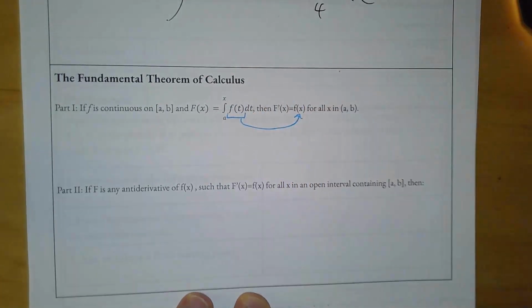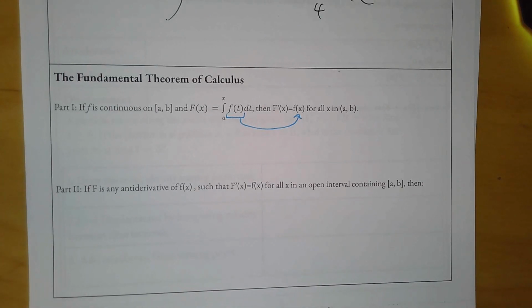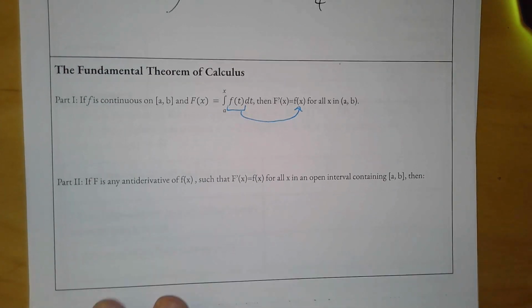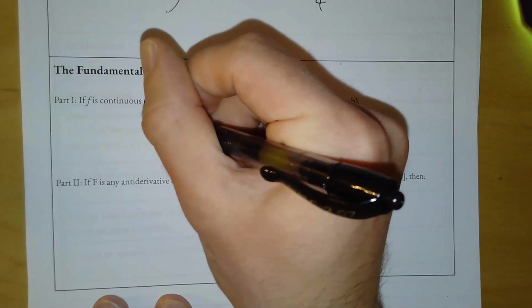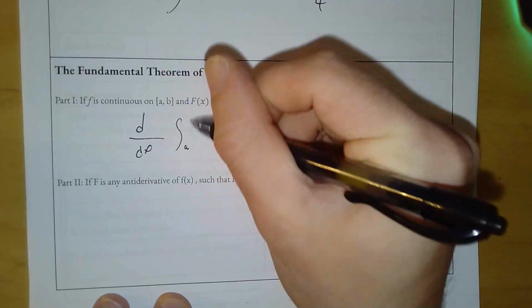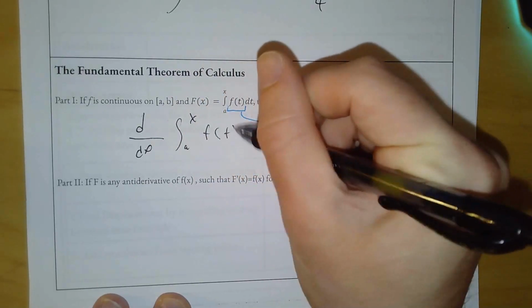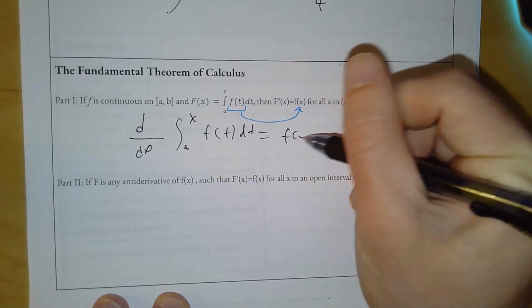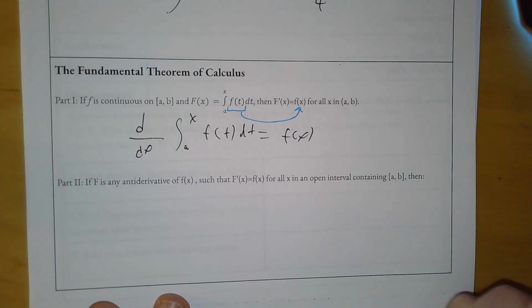That's this. Okay, for all x from a to b. Another way to write that is d dx, which means to take the derivative, of the integral from a to x of f of t dt equals f of x.